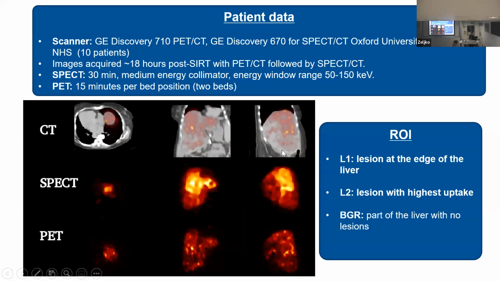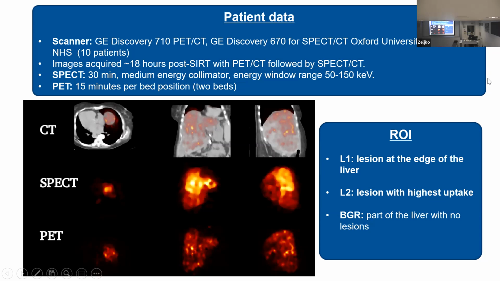For the clinical investigation, we got 10 patients. Unfortunately, PET and SPECT were not acquired with the same scanner; they were acquired at the Oxford University Hospital. A GE Discovery 710 was used for the PET and Discovery 670 for the SPECT.